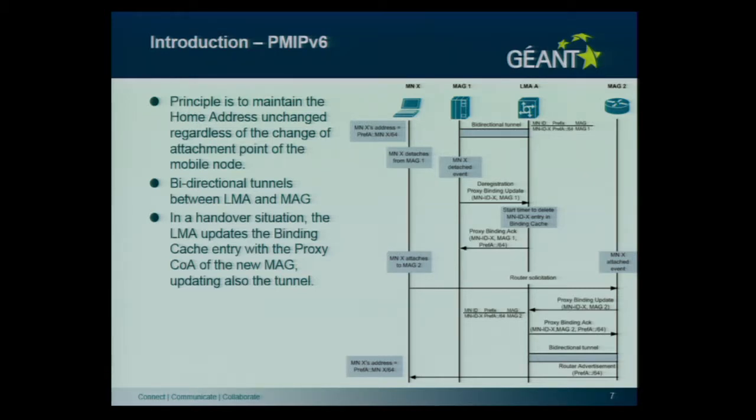The traffic sent to X will still be received by the anchor because there's no change in the home IP address. If there's no change in the home IP address, the TCP connection won't have to be reestablished, so everything works fine. When the traffic reaches the MAG, it will be decapsulated and the content sent to X from MAG2.